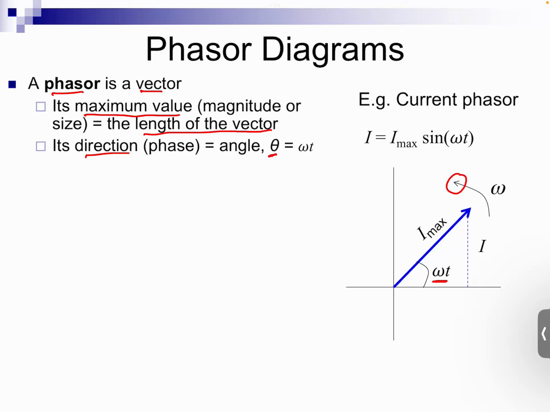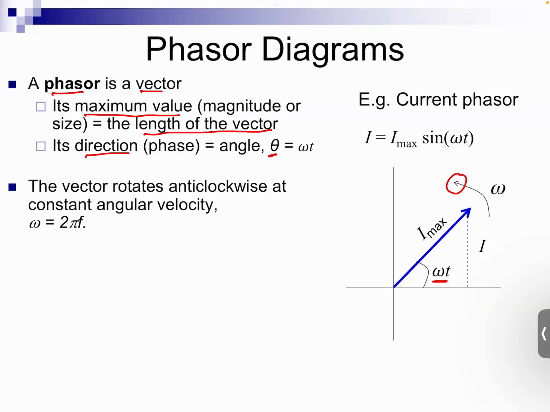Although I drew the current phasor in this orientation, through time this phasor actually rotates, tracing out a circle as a function of time. So the vector rotates anticlockwise at an angular speed of 2 pi times f, which is equal to the angular velocity.